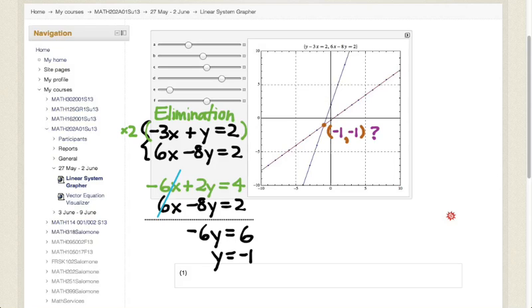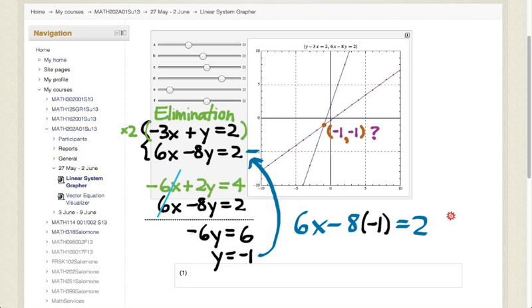And then, now that we know y, we can find x by substituting, just plugging it back into either of the first two equations. Let's say I plug it into the second equation just for the sake of argument. So 6x minus 8y, and now y is equal to negative 1, is equal to 2.